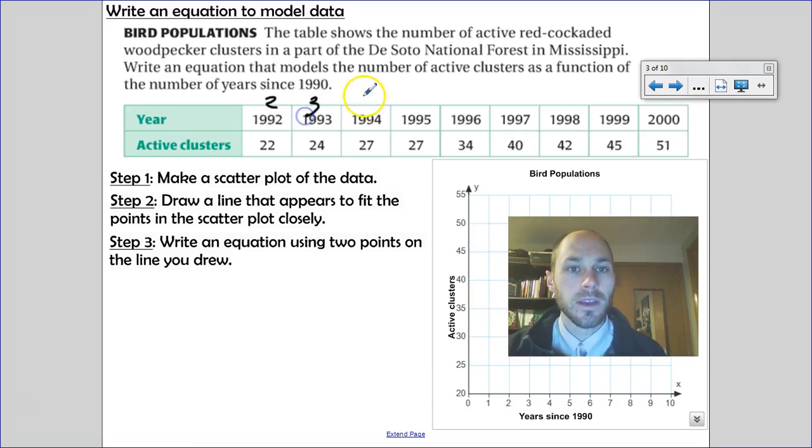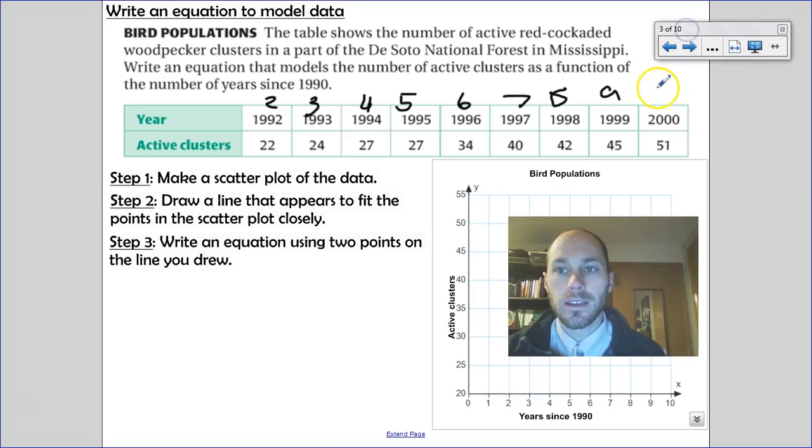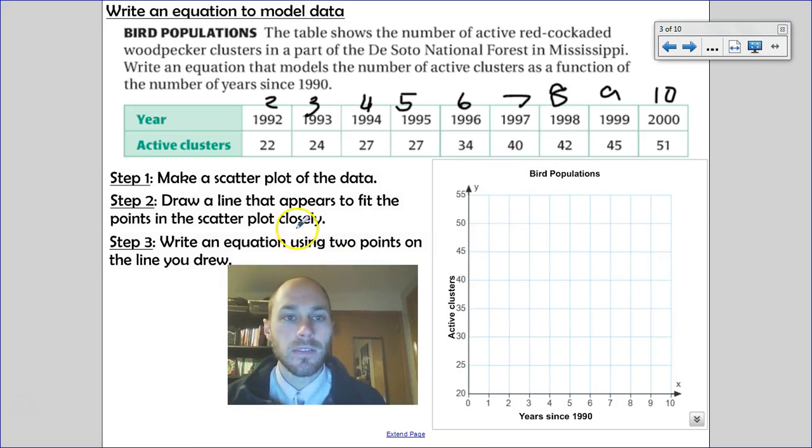This would be year 3, year 4, 5, 6, 7, 8, 9, and 10. I'll explain why we're doing that in just a moment. So when we make our scatter plot, instead of using the years 1992, it would make our scale very big down here. We're just going to use 2 because that makes for a smaller number.